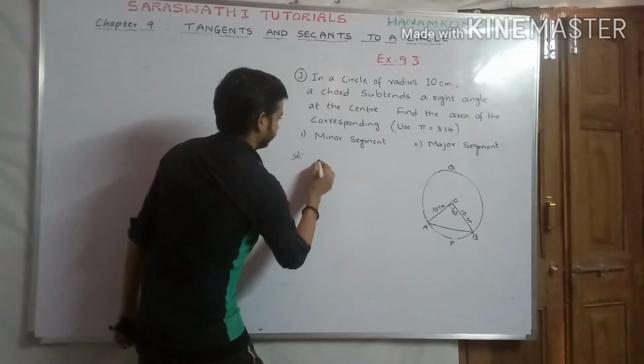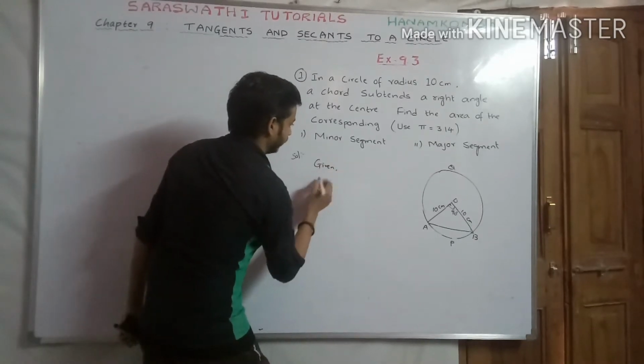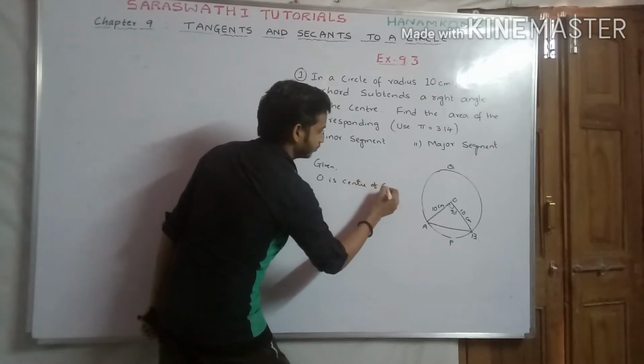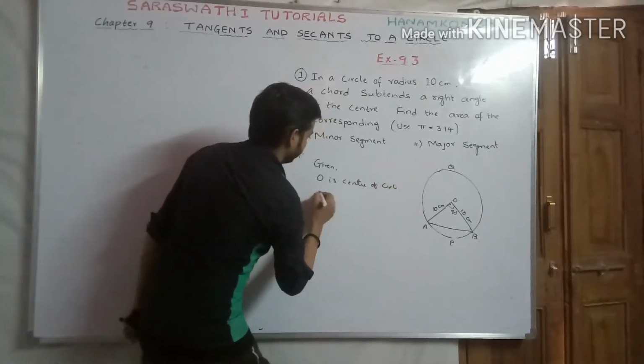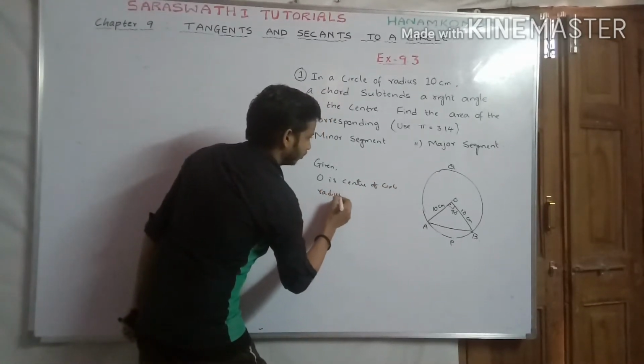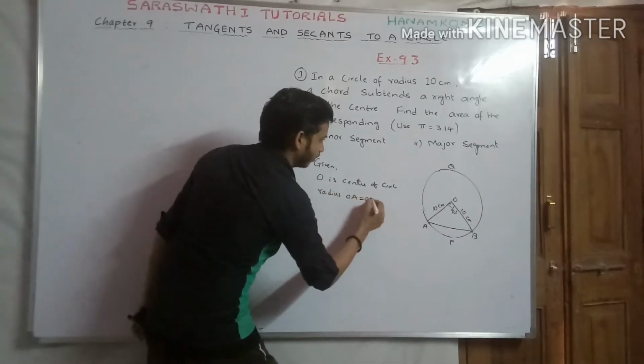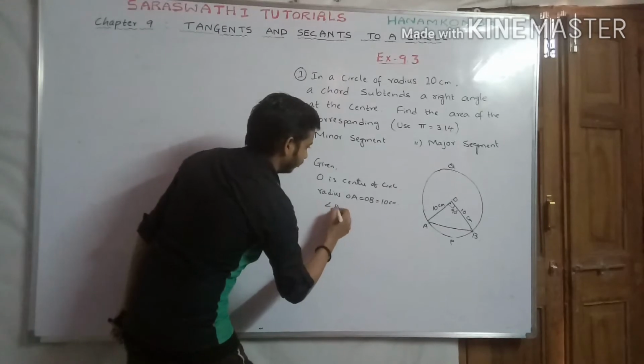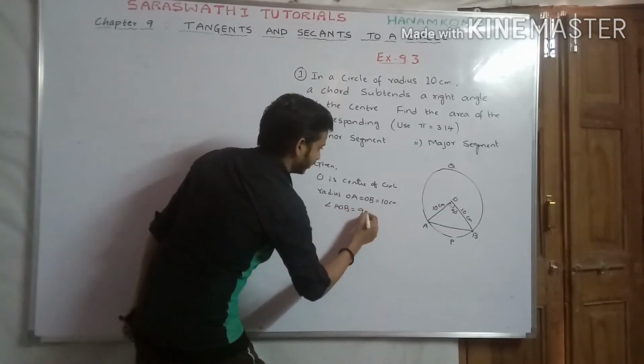First, write the given data. Given that O is the center of the circle, radius OA equals OB equals 10 centimeters, and angle AOB is 90 degrees.